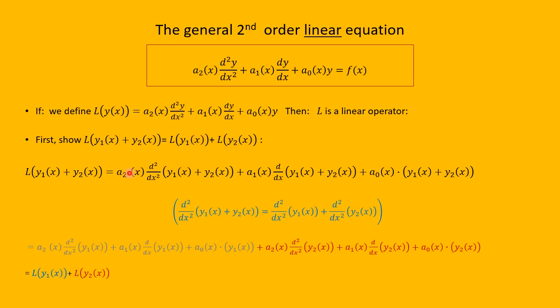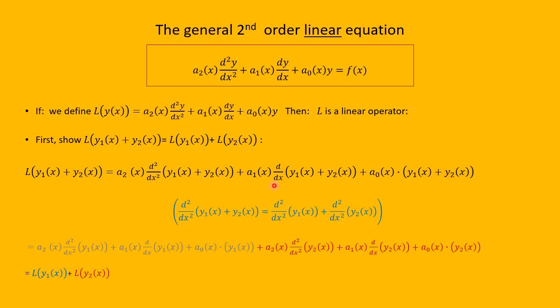So let's see what happens if we calculate this. Can we show that this left-hand side is equal to this right-hand side using this formula for L of x right here and properties of derivatives? So if we look at L of y1 plus y2, that's going to be a2 of x times the second derivative of y1 plus y2 plus a sub 1 of x times the derivative of y1 plus y2 plus a naught of x times y1 plus y2.